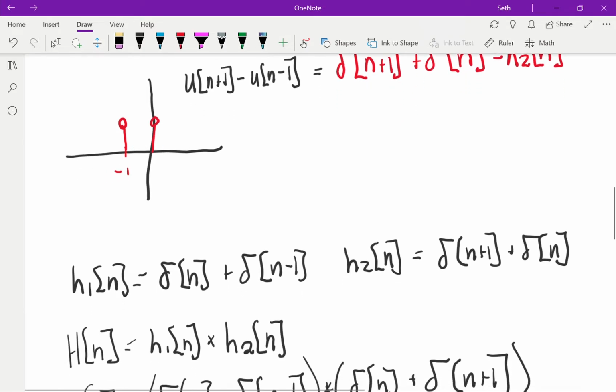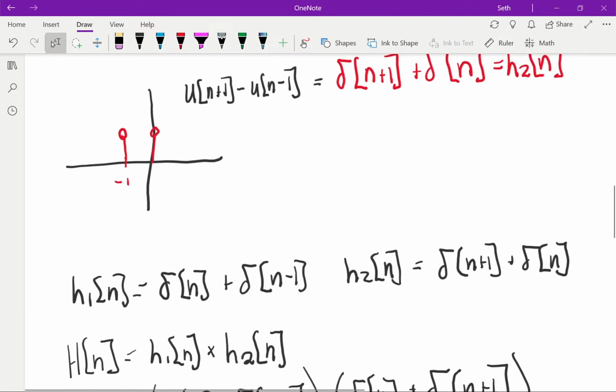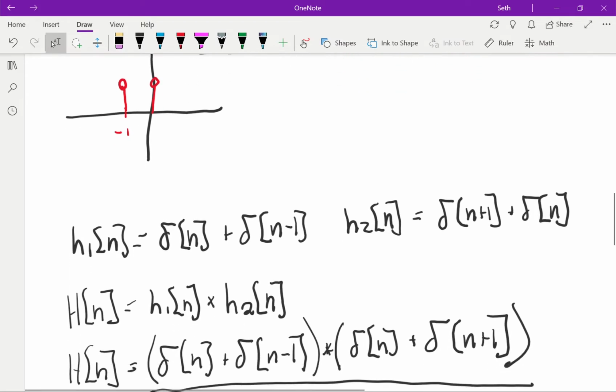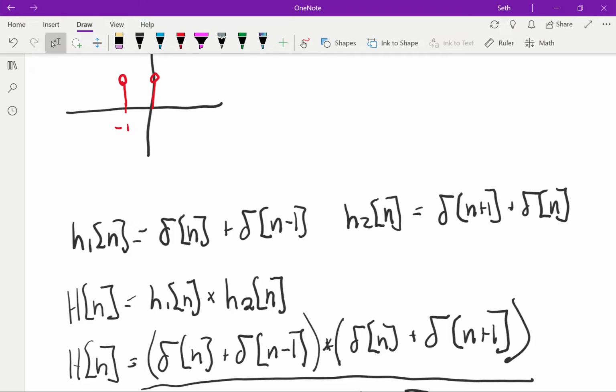We want to find h of n. h of n is just h1 of n convolved with h2 of n, and this is because the systems are cascaded.